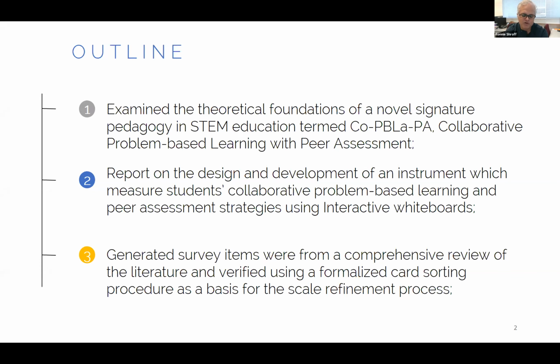And lastly, I'm also going to look at how we generated the survey items from a comprehensive review of the literature, as well as a three-stage card sorting process to ascertain the reliability and the validity of the instrument. What do I mean by that? I mean, we're actually looking at whether the instrument measures what it is intended to measure. That is collaborative problem-based learning and peer assessment strategies.